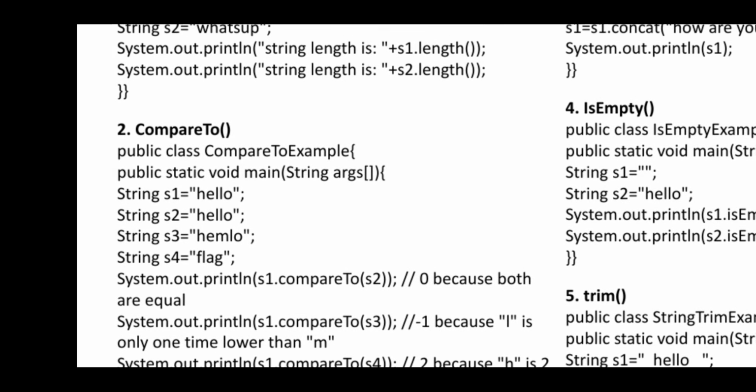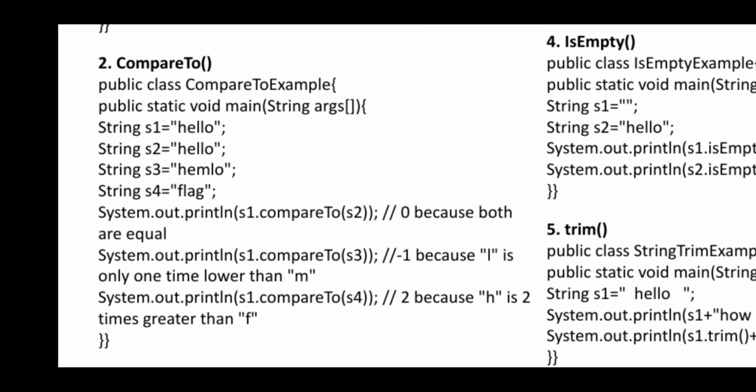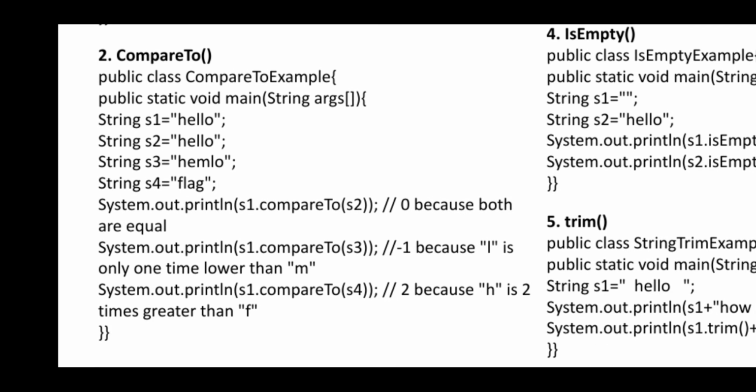Then you are going to have another example of compareTo. compareTo checks whether both strings are equal, whether string 1 is greater than string 2, or string 2 is greater than string 1, or lesser. You have four different strings defined, s1 to s4. s1 is Hello, s2 is Hello, s3 is Hello, and s4 is Flag.